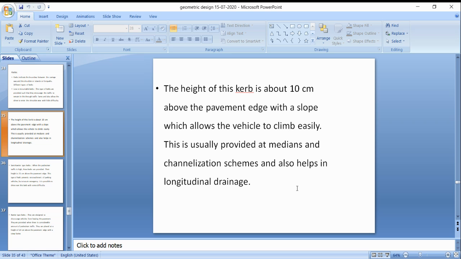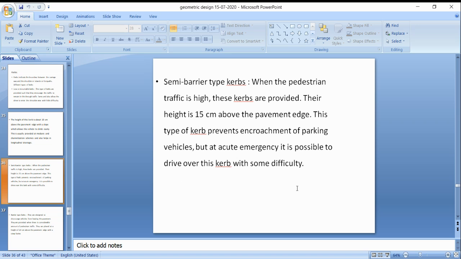This is usually provided at medians, at channelization schemes, and also helps in longitudinal drainage. So generally the height of the curb should be 10 centimeters at the pavement edges.